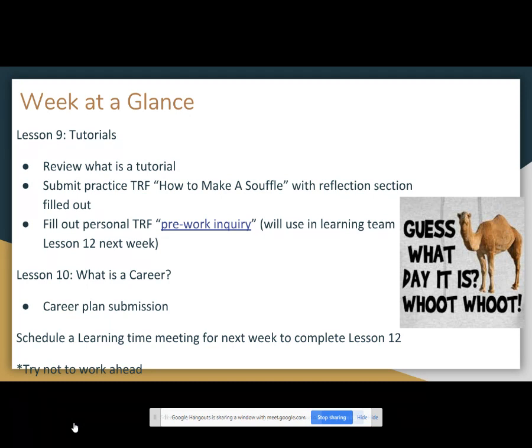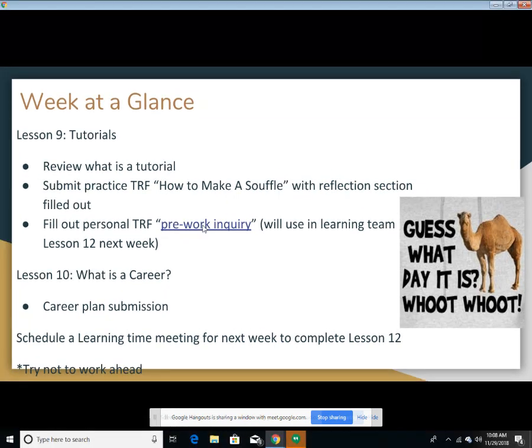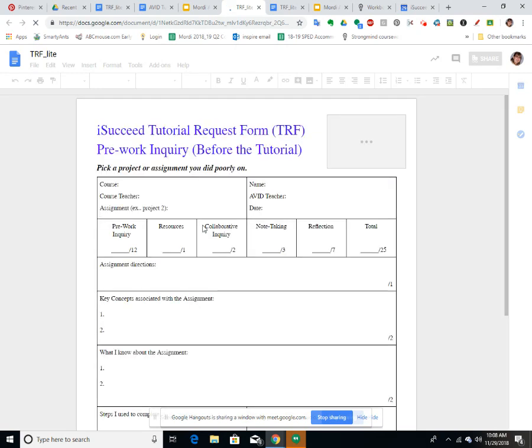Then you're going to need to fill out a personal TRF that we'll be using in lesson 12 next week. I've changed the TRF up a little bit, so I'm going to show you what it looks like. I've created a TRF light form that is more geared towards what we do at iSucceed and will be more beneficial, I believe, to you.